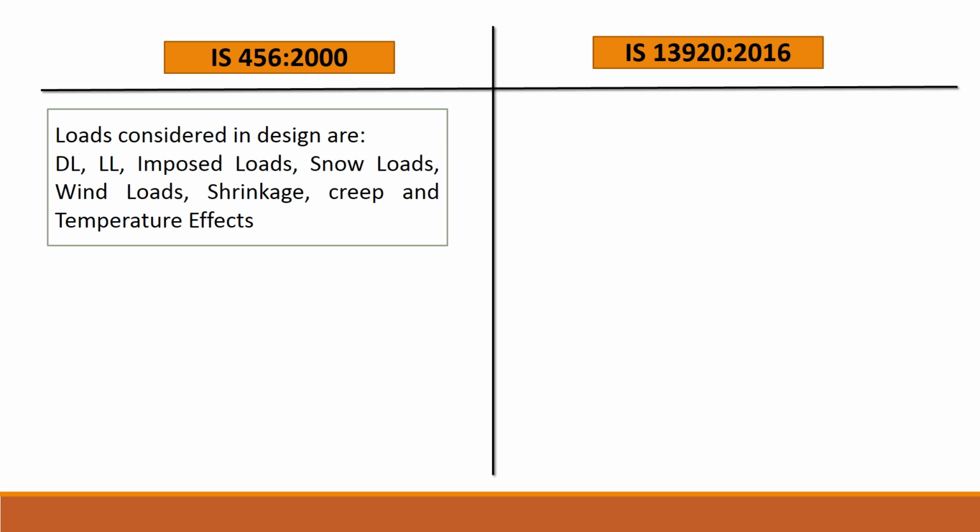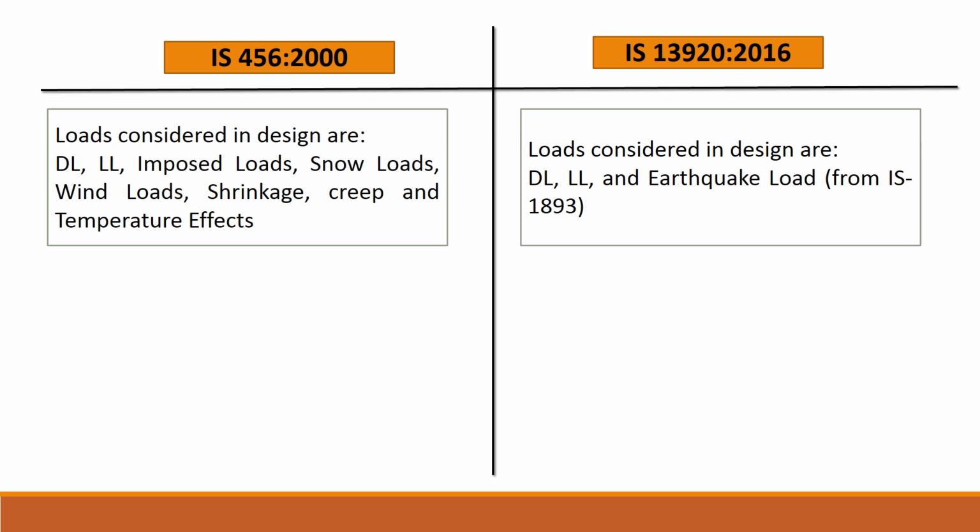There could be a combination of all these loads, and there is a certain set of rules of combinations that are to be followed, along with considering the load factors used in the limit state method of design of structures. Now in IS 13920, the loads considered in the design are mostly dead load, live load and earthquake load. This is the combination used in the design once we are designing for earthquakes.